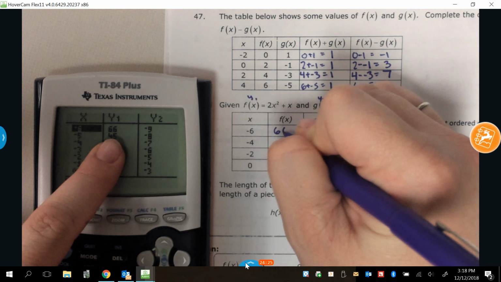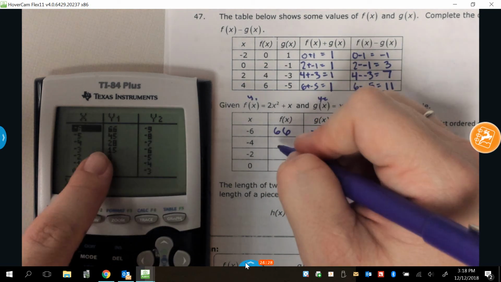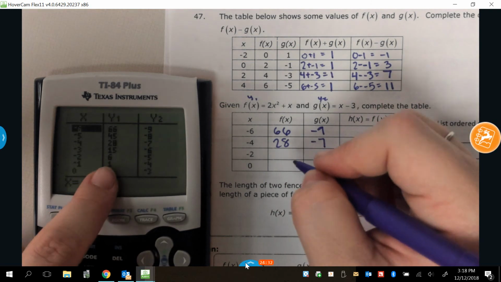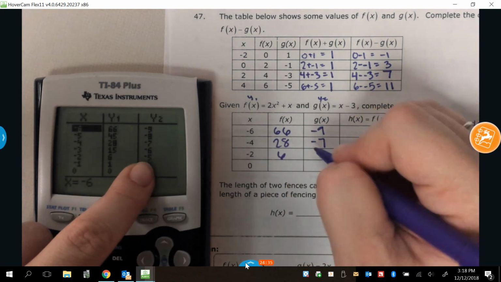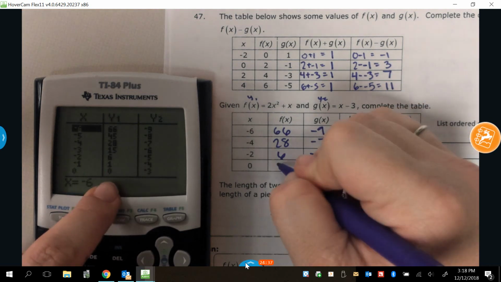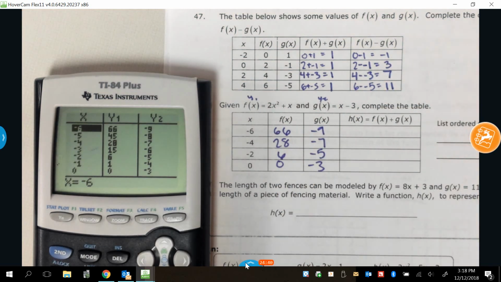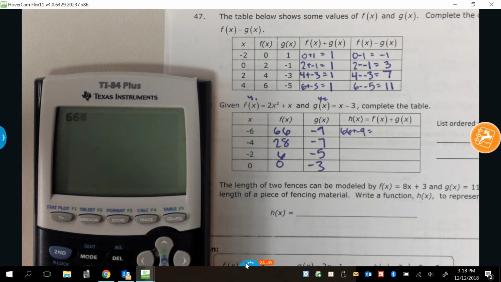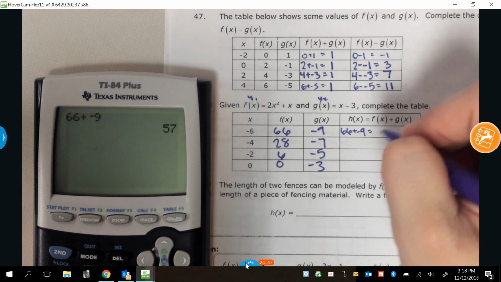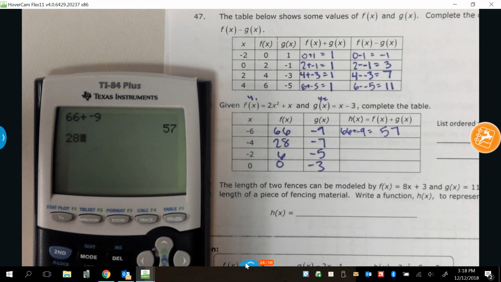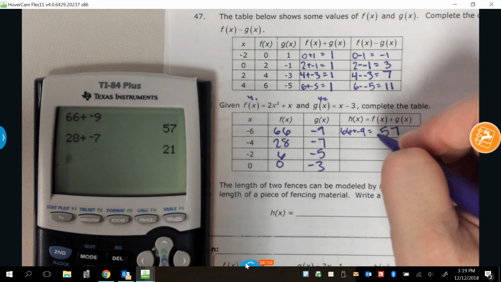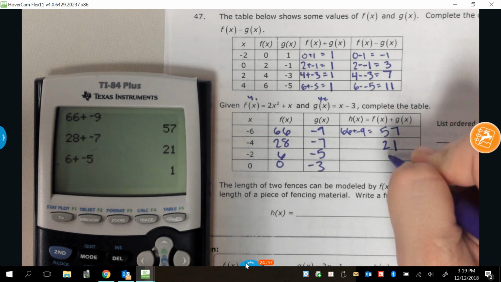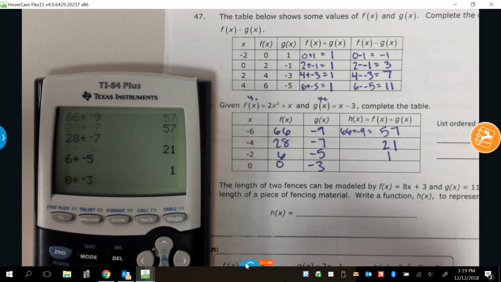So 66, negative 9, 28, negative 7, 6, negative 5, 0, negative 3, and now it says add. So we're going to do 66 plus negative 9. It's 57. 28 plus negative 7 is 21. 6 plus negative 5 is 1, and 0 plus negative 3 is negative 3.